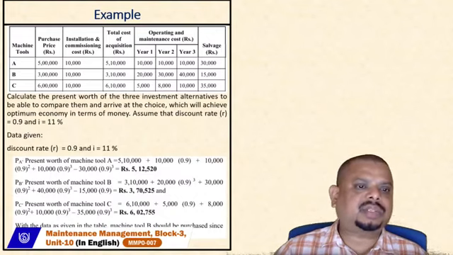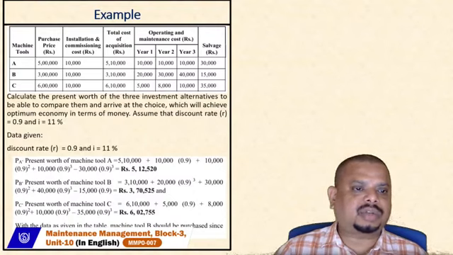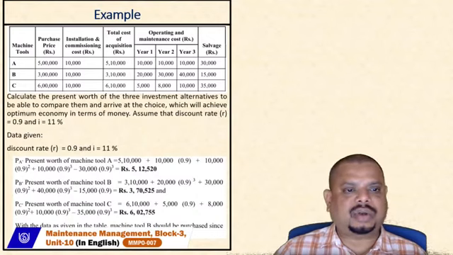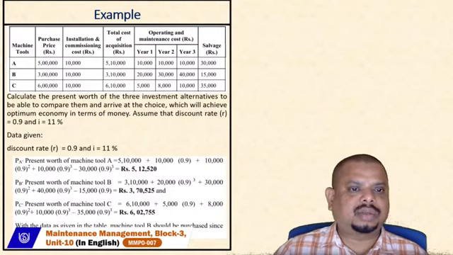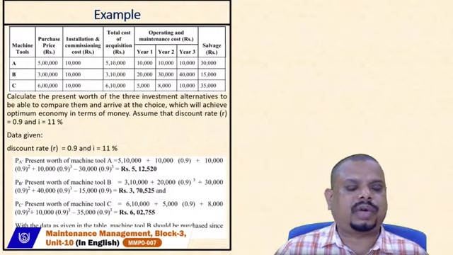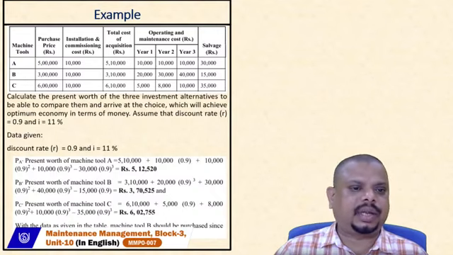The installation and commissioning costs are given as 10,000 for machine tool A, 10,000 for machine tool B and 10,000 for machine tool C. So the total cost of acquisition is 5 lakhs 10,000 rupees for machine tool A, 3 lakhs 10,000 for machine tool B, and 6 lakhs 10,000 rupees for machine tool C.